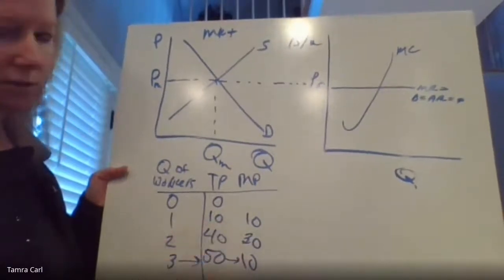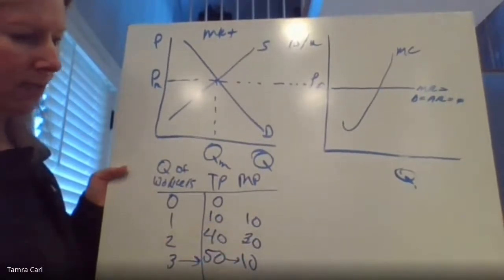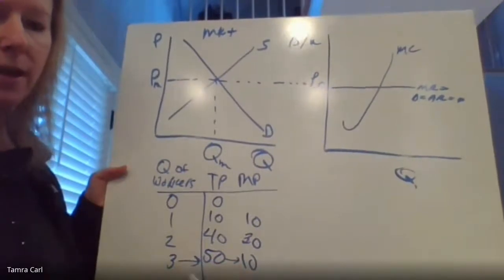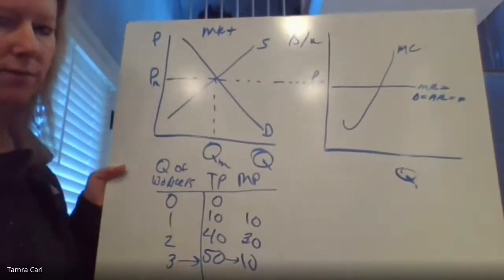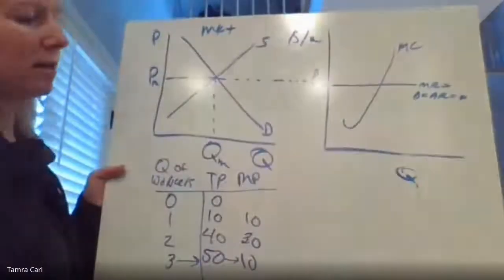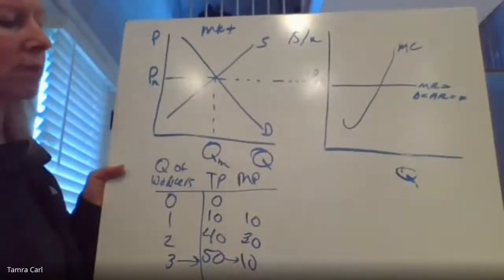And it's only going to get lower and lower after that. The marginal product for the next one is probably going to be 5 and then 0 maybe, and then a -5. And that's where you have negative returns. And so that's where we see the upward sloping part here.